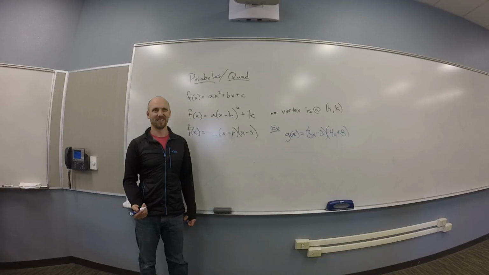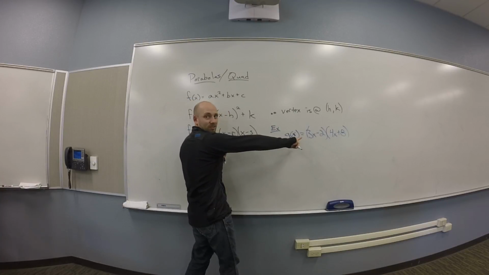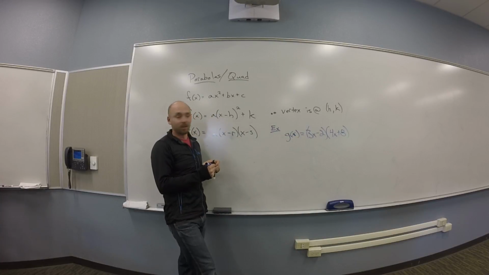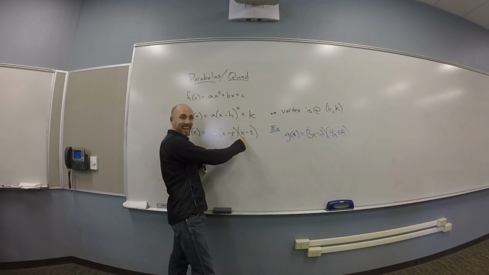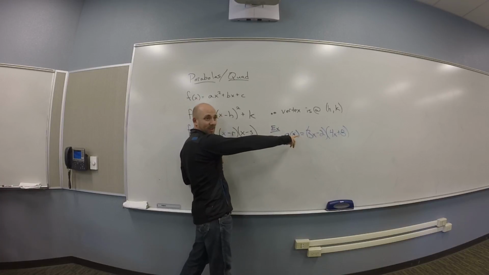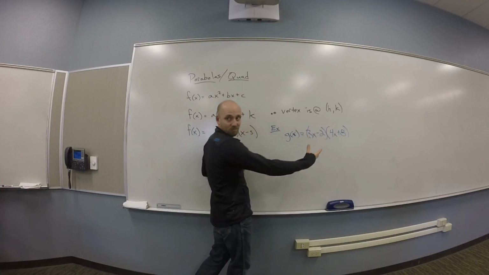You guys see that? But it's not the same as this one. To get to a times x minus r and x minus s, I need to factor a 12 out of that thing, which is going to make this look really icky. You guys cool with that?